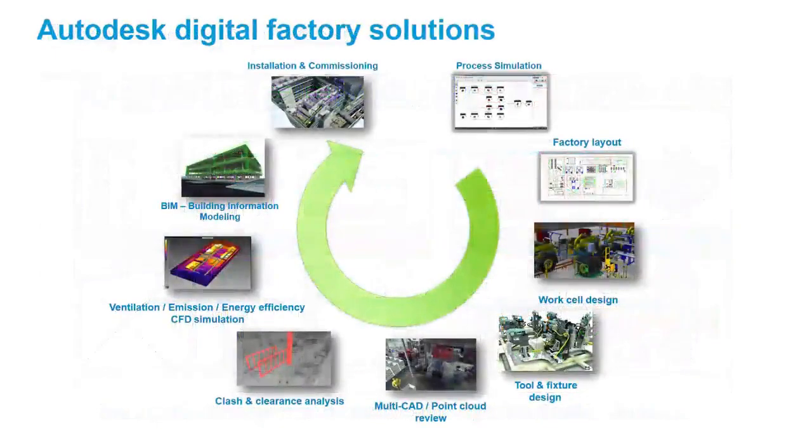So today, again, we are going to talk about a complete solution, the so-called digital factory solution, that goes from the 1D, so from the process planning, to the 2D, 3D layouting, up to the 4D, so the timeline for my process.